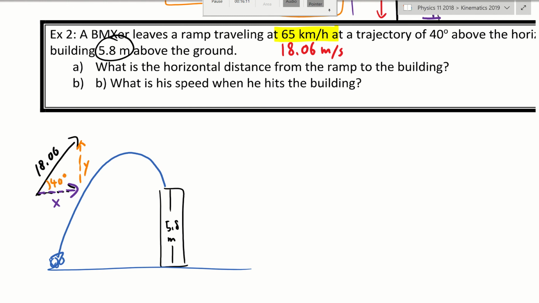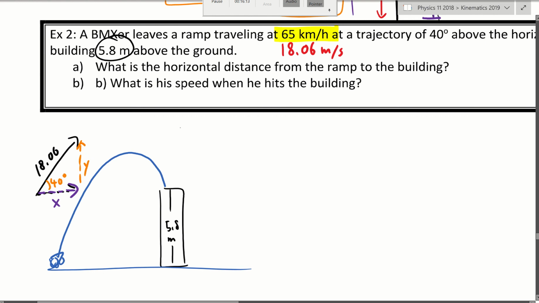Okay, so one quick calculator check, you will get V initial x and V initial y. So Vx takes the cosine theta, which is 13.83. Again, you can verify these. Vy is 11.6. That one takes the sine theta, so 18 times sine theta, which is 11.6 meters per second.